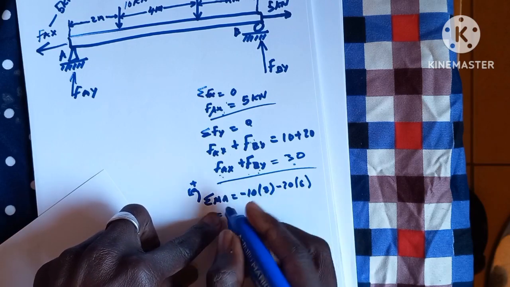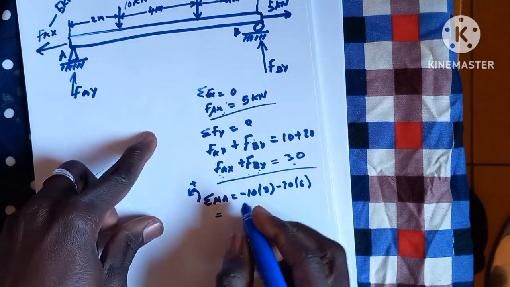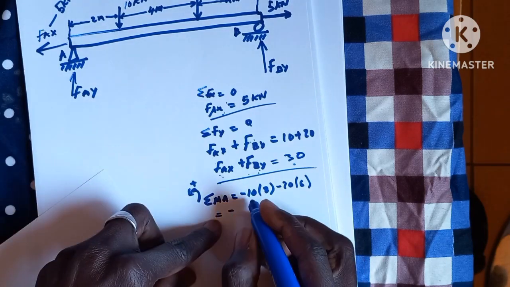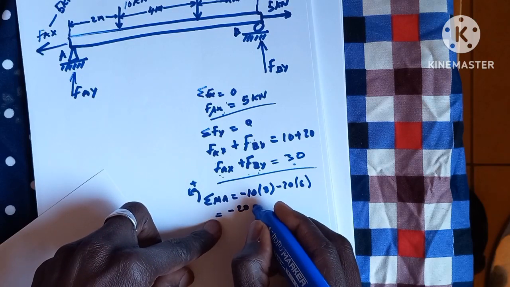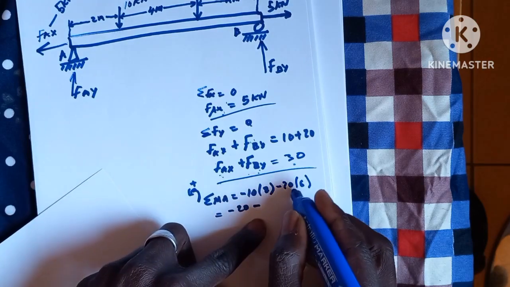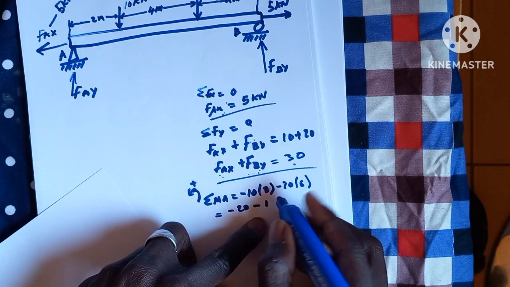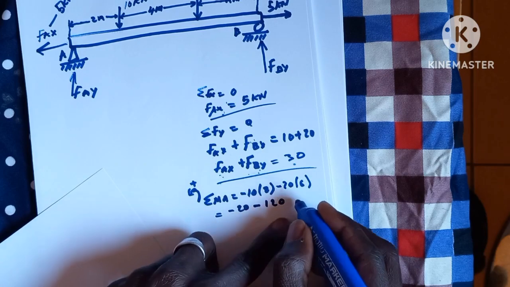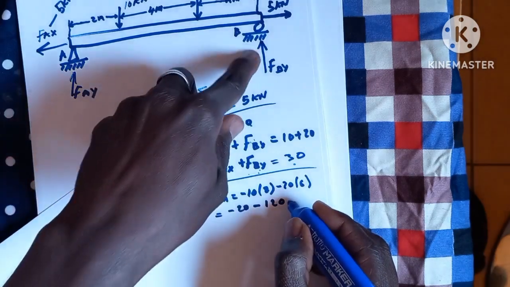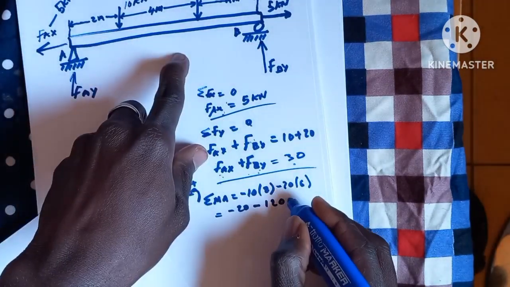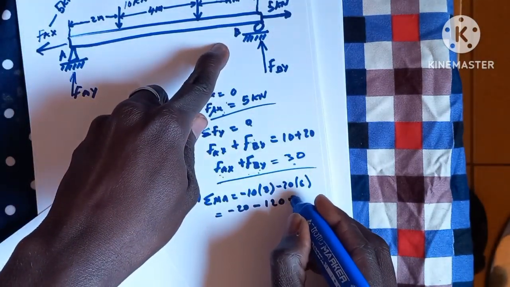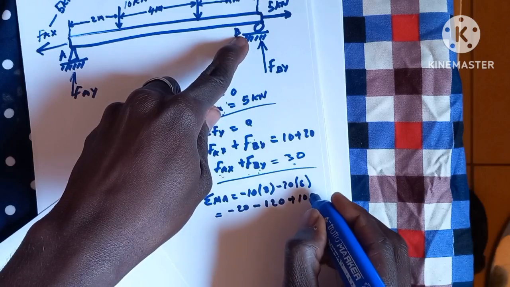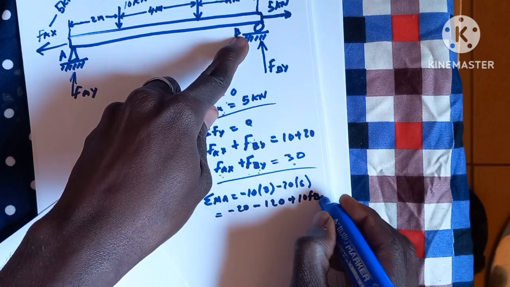So in this case, we have those 2: minus 20 minus 120. All right. Then we also have this one now, which is 10 here, plus 10 FBY.